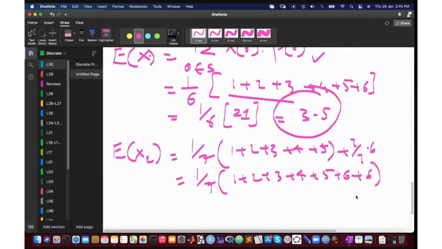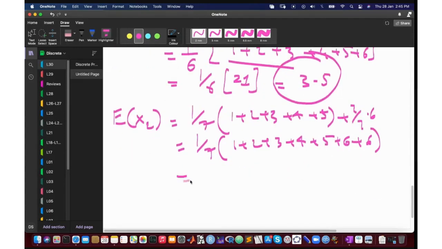Okay. So what do you get? You get 21 plus 6, 27 over 7. Okay. This is close to 4. Okay. I don't know what exactly this thing is.